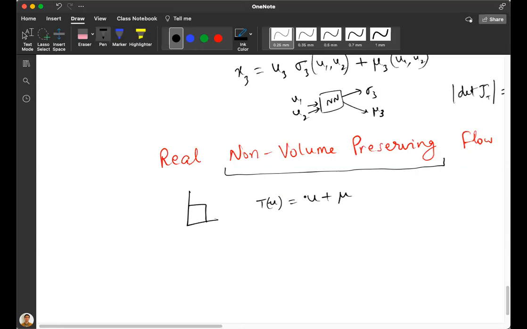But if I'm multiplying with sigma, then I'm also scaling it up. So this volume, which was earlier 1, is not preserved. Of course, the probability mass is preserved, but the volume is not preserved because of this sigma. So this sigma term makes it non-volume preserving. Anyways, just ignore this term for now, because to be able to talk about non-volume preserving flows, you have to know what volume preserving flows are, and I'm not doing that right now.